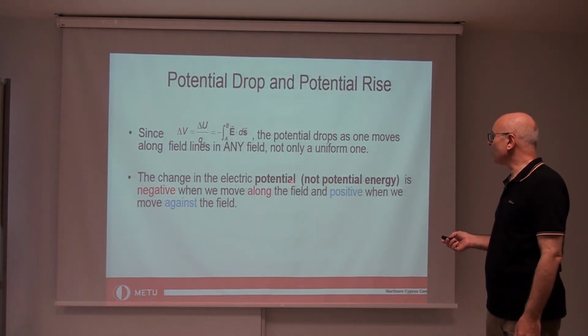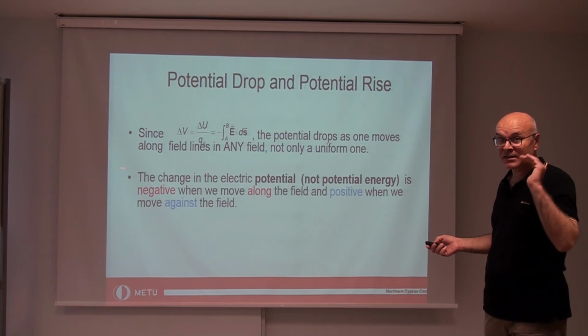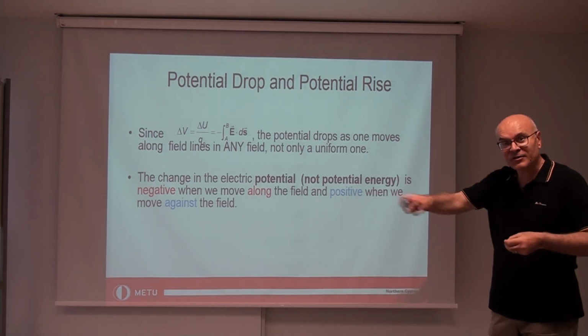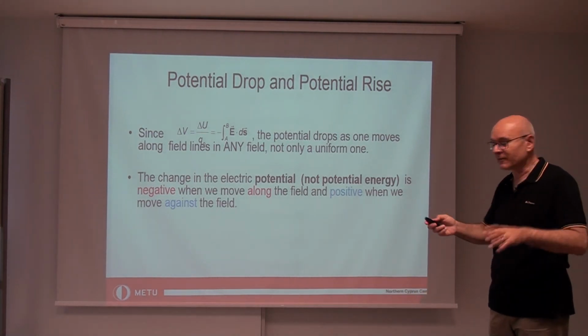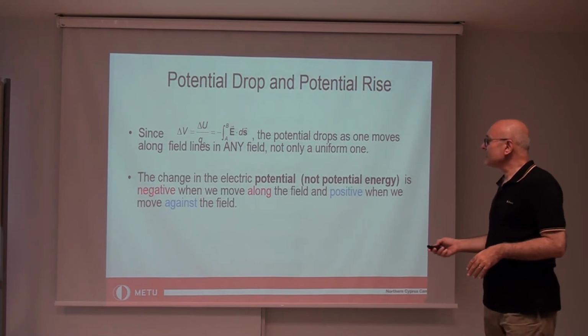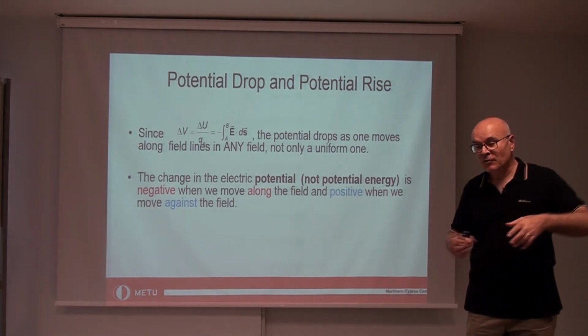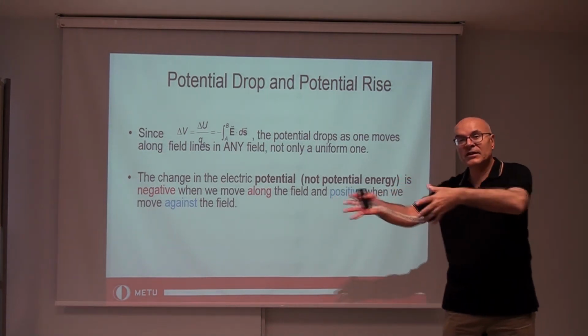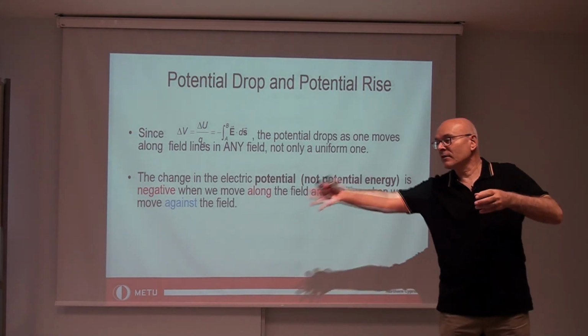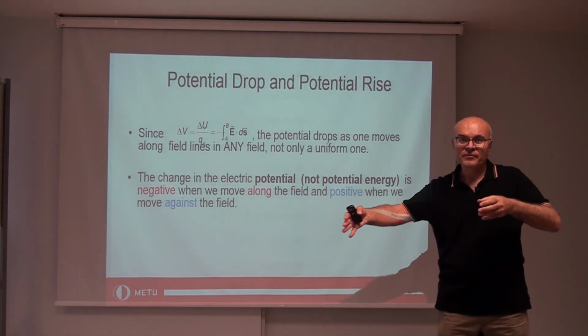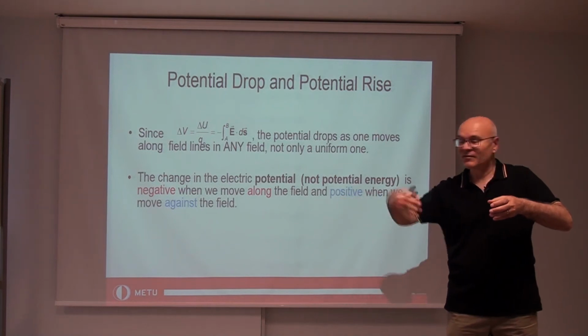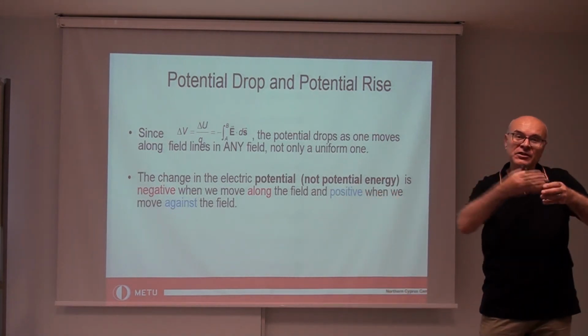The change in the electric potential, not potential energy, this is the potential. There are no point charges now or test charges. It is just the field. It is negative when we move along the field lines and positive when we move against the field. So if you go down the field or along the field lines from one point to another point, the potential drops. The potential change is negative. That final point is at lower potential than the initial point.